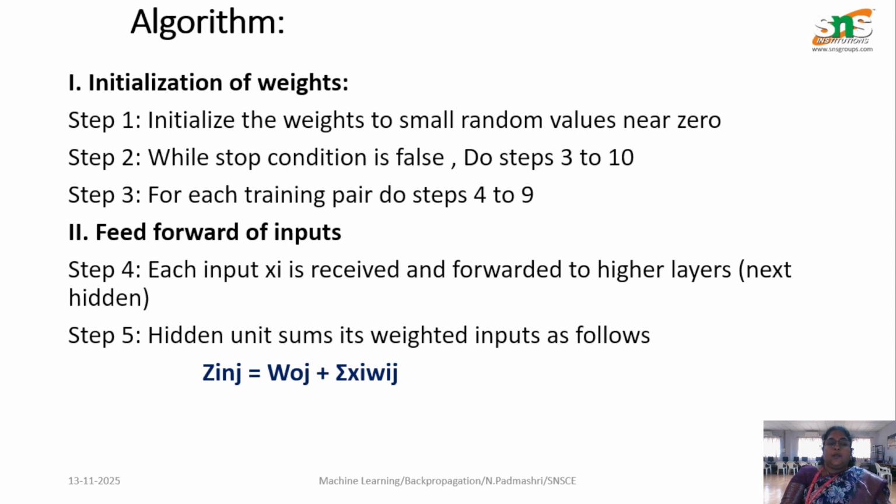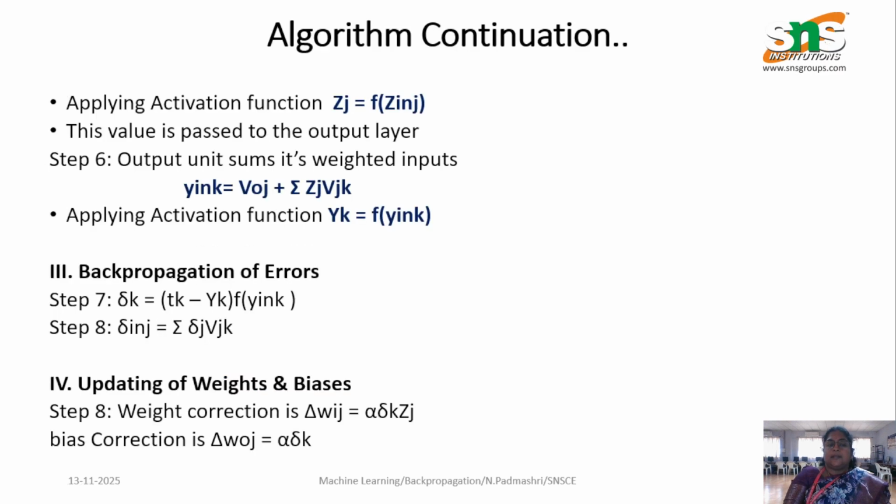This is the general equation of any artificial neural network: bias plus the summation of input into weight, which gives the output of one layer, Zinj. We take this layer output as the input to the next layer.